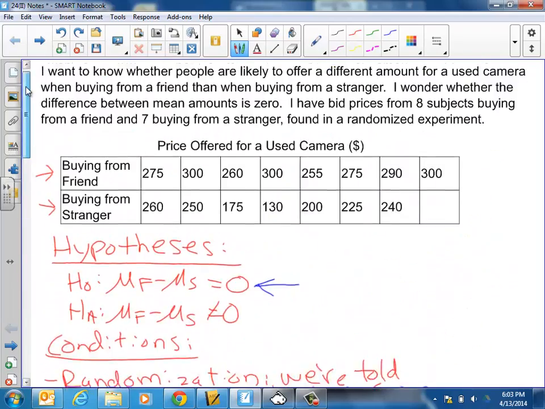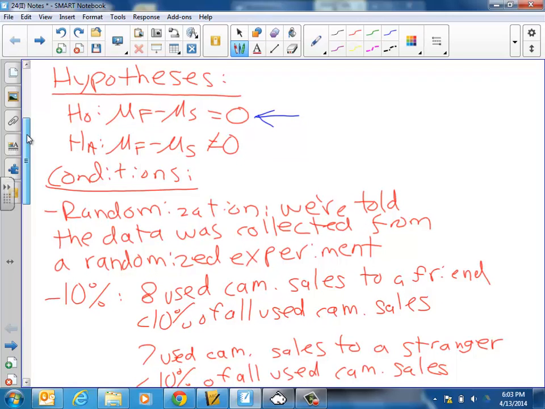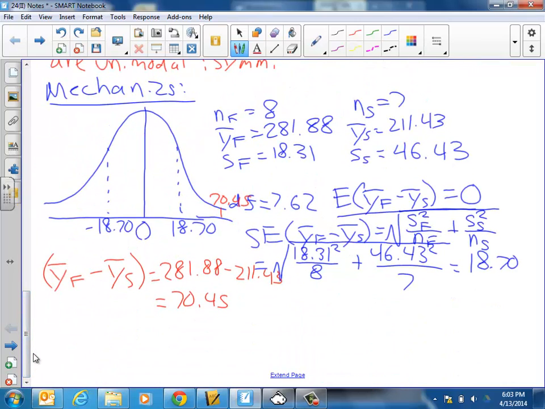And notice with the alternative hypothesis, this was a two-tailed test because we were looking to see whether or not there was a difference, either positive or negative, between the population means for sales to friends and sales to strangers. So we want to make this a little bit symmetric here. We'll put negative 70.45 over here, and the p-value comes from both shaded regions.